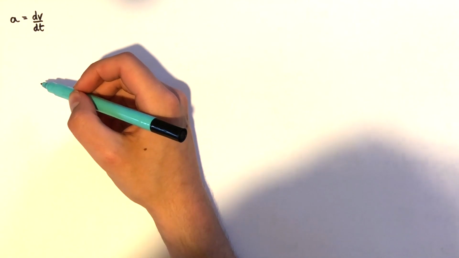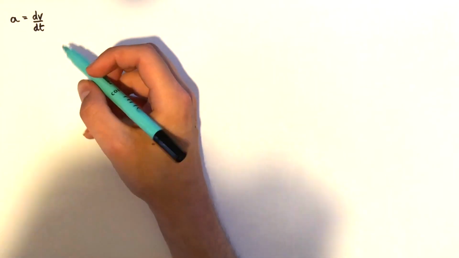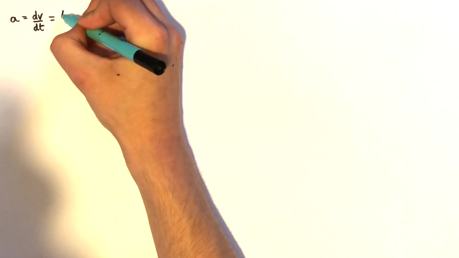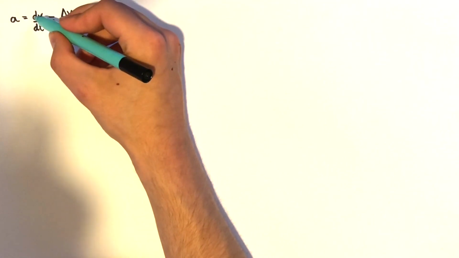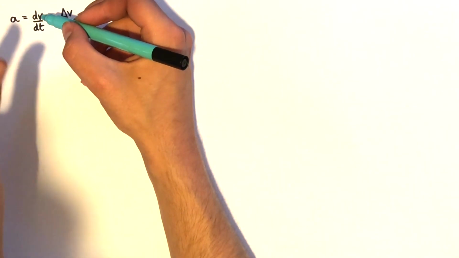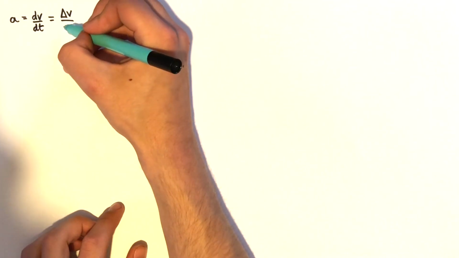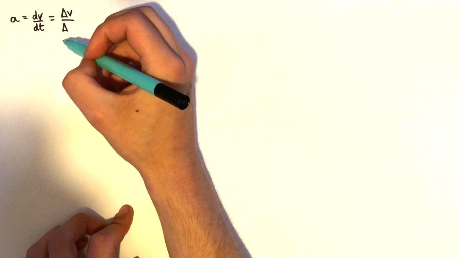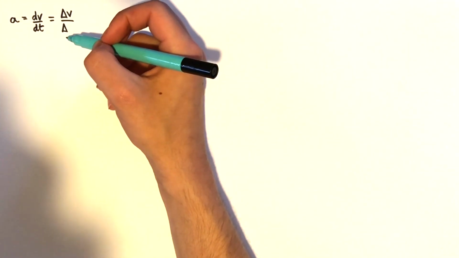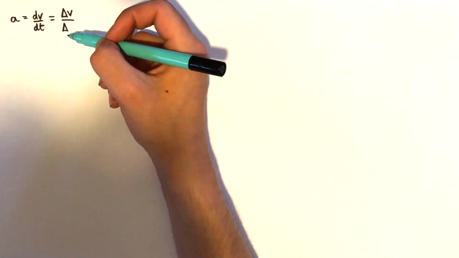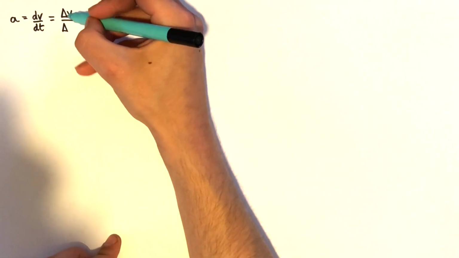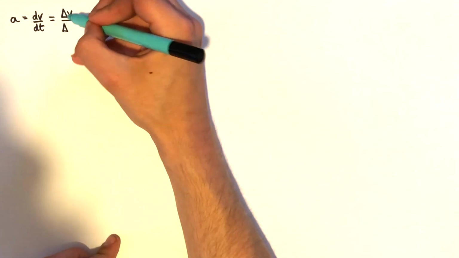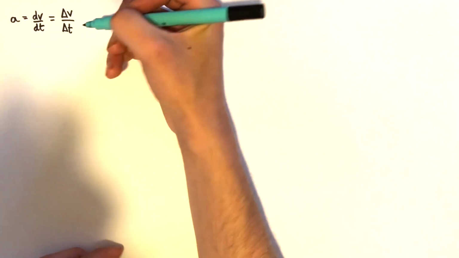But anyway, we know that acceleration is the rate of change of velocity with respect to time. We can also write this as the change in velocity with these little delta symbols right here. D represents an infinitesimally small change, but if the acceleration is constant, which is a key thing, since we're going to be talking entirely about constant acceleration in this upcoming bit of the video, then we can change this into the change in velocity divided by the change in time.